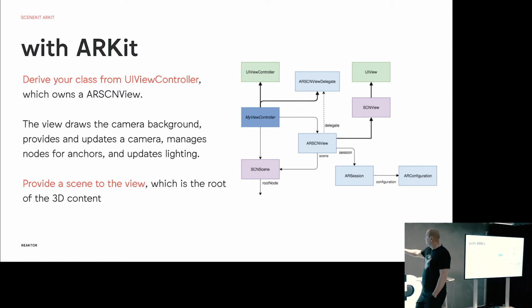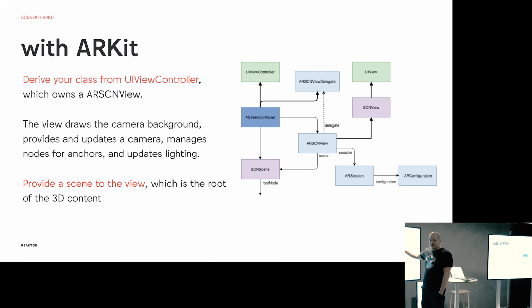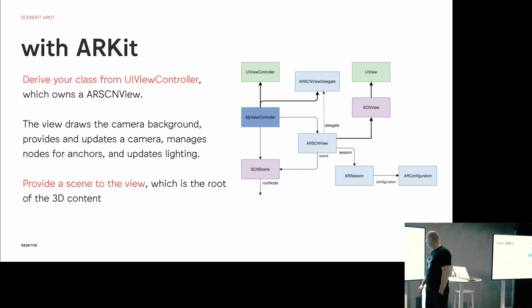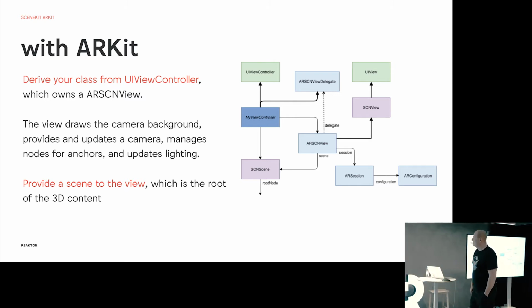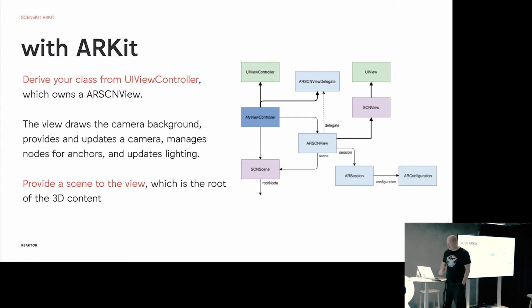And then, like I mentioned about the plane detections, it has this view delegate callback type of stuff, so you get notified if ARKit detects new planes and so forth, or faces actually.